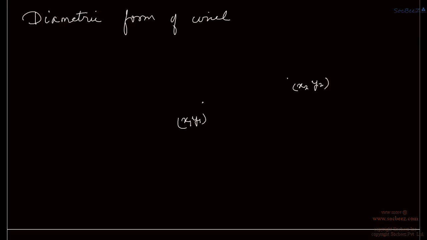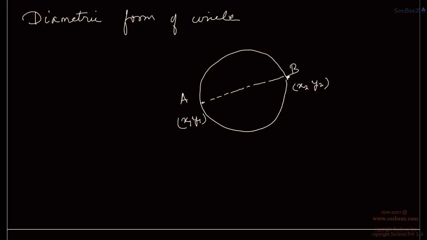Okay, these are the 2 points, end points of a diameter of a circle, and this line is the diameter of a circle. So we want to write the equation of a circle whose diameter is this line. Say this is point A, this is point B. So AB is the diameter of a circle, and we have to write the equation of a circle. Okay. So circle is like this.